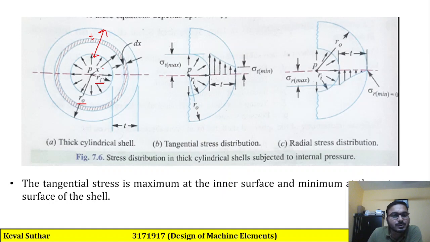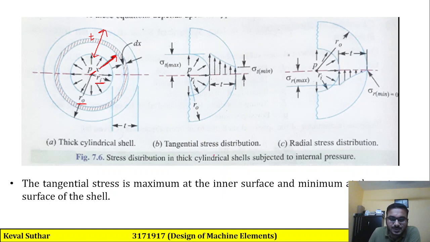What we will do, as we have done many times in our physics as well as in some engineering topics, is consider an infinitesimal circular strip having a thickness of dx, which is at a distance of x from the center. So this is the distance x and this is the thickness dx.